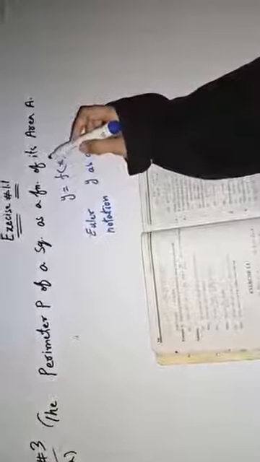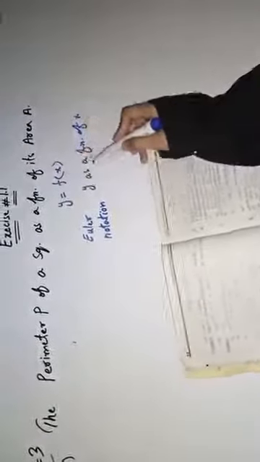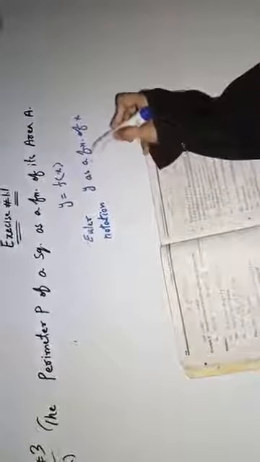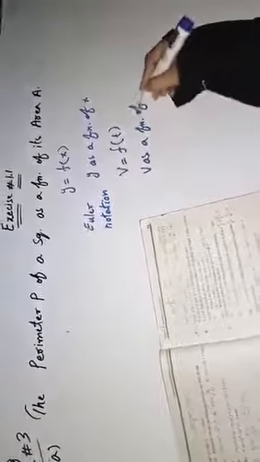First of all, it is compulsory to understand how we read "as a function of its area". I have written here y is equal to f of x. It is Euler notation, and we read it as y as a function of x. If I write v is equal to f of t, we read it as v as a function of t.